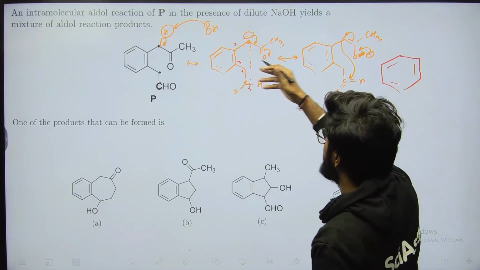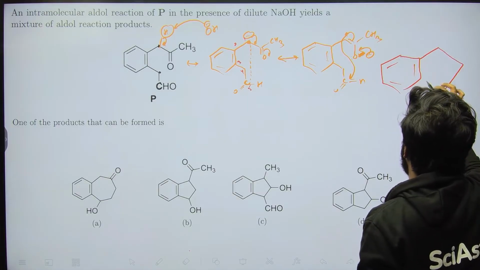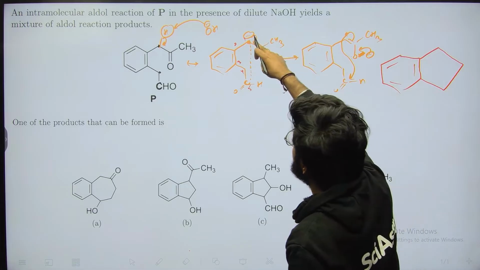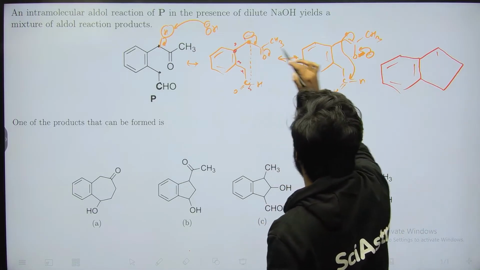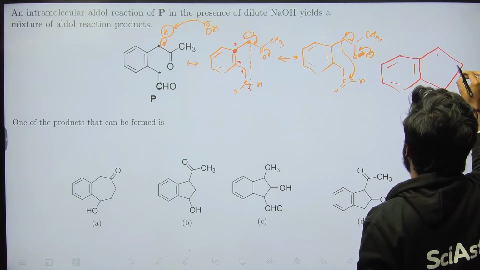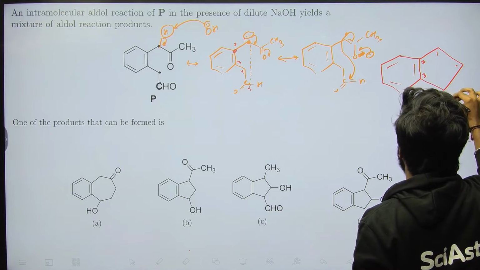This is basically nothing to do with the main substrate. Keep it as it is and draw a 5 membered ring now and number it from here, right? 1, this carbon attached to the benzene ring was first. Second is basically this one, third, fourth and fifth.